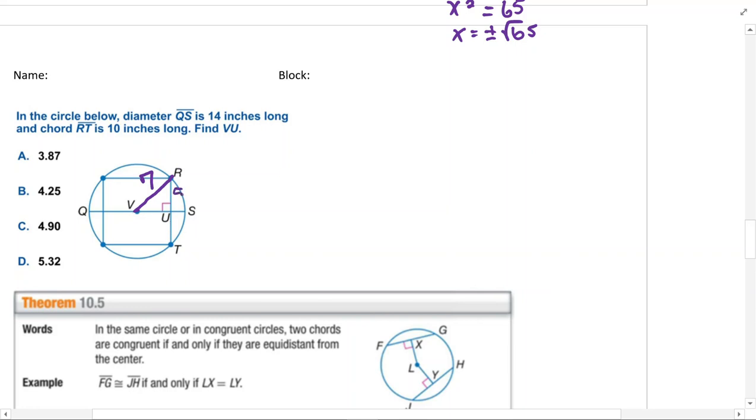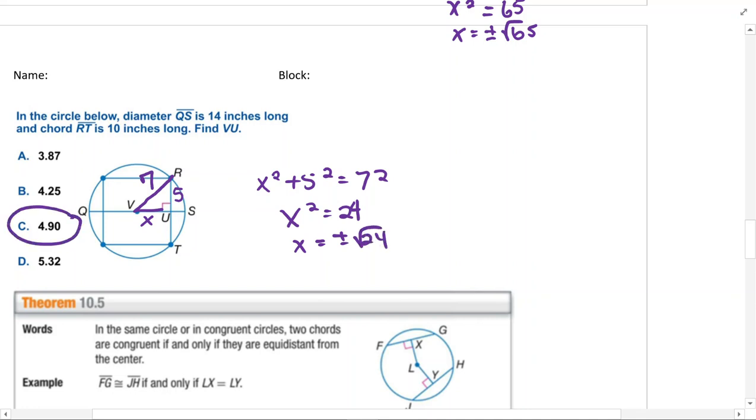So RU is 5, and we want to find VU. So x squared plus 5 squared equals 7 squared. Solving for x, I have that x squared equals 24. So x equals plus or minus root 24, which is approximately 4.9.